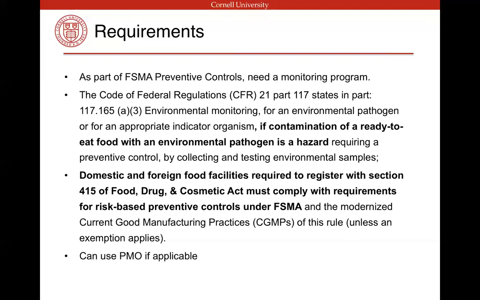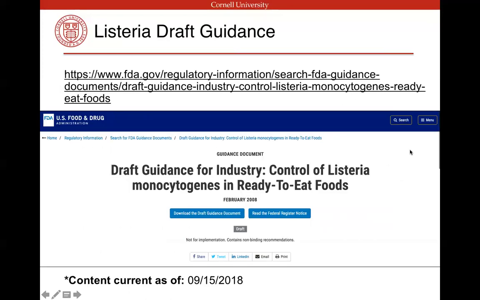And this applies to you if you're considered a food facility, and you're considered a food facility if you're required to register under Section 415 of the FD&C Act, under preventive controls of FSMA as well. And if you fall under the PMO, you can actually use that. I'll talk about that in a second.